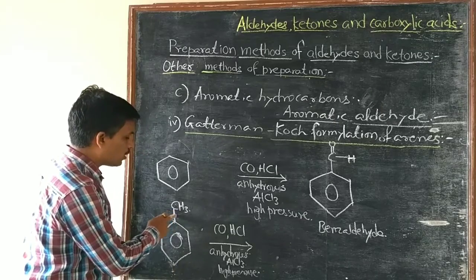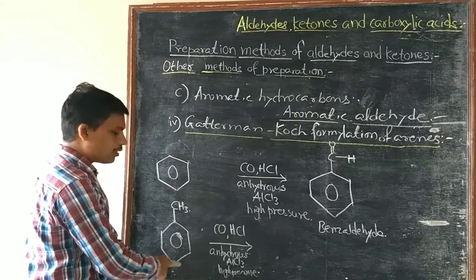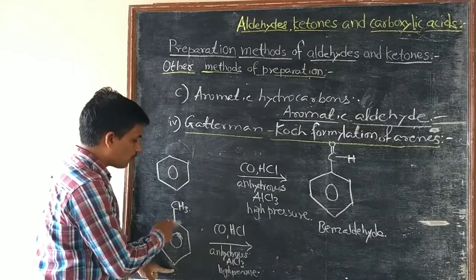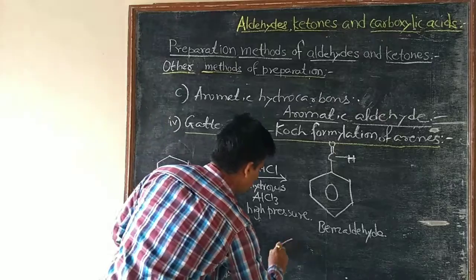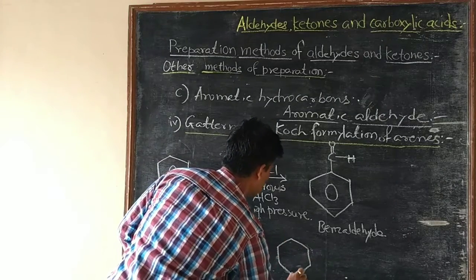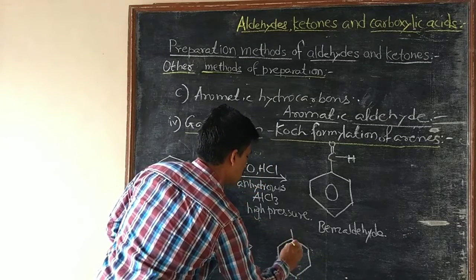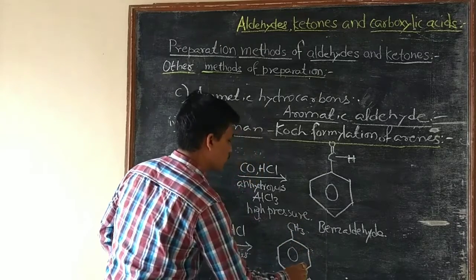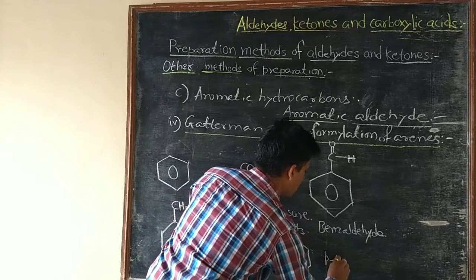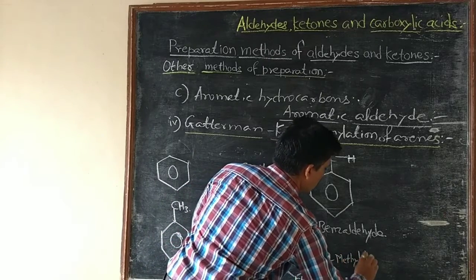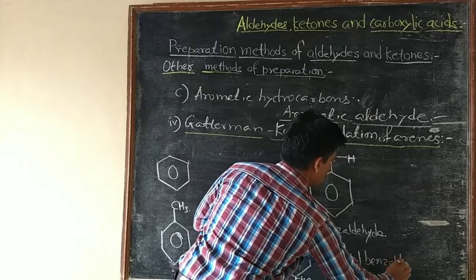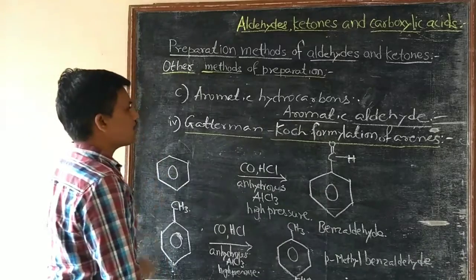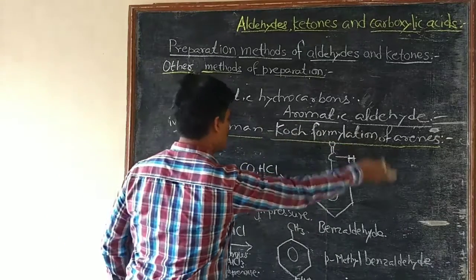It is a methyl group, an ortho para directing group, and its major product is para methyl benzaldehyde. Therefore, the CHO group, that is the aldehyde group, goes to the para position. Its name is para methyl benzaldehyde. This is called Gattermann-Koch formylation of arenes.